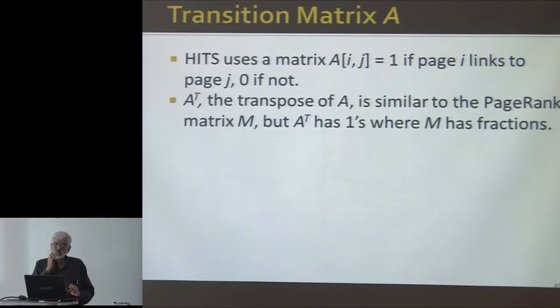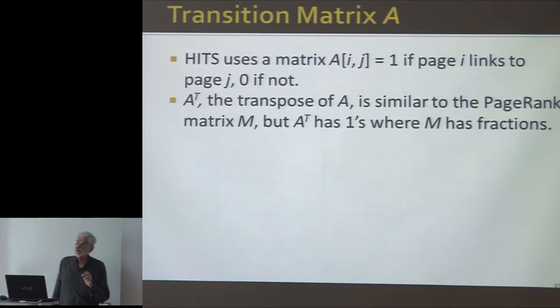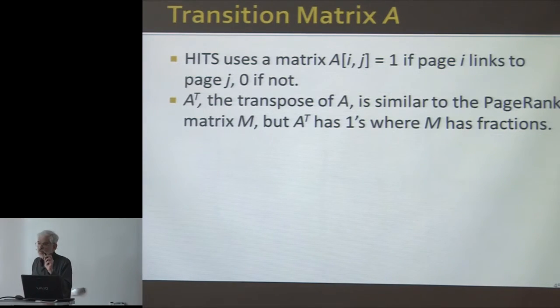Okay, so to formalize it, we're going to talk about a matrix A of ij. i is the row, j is the column. And I'm just going to put a 1 if page i links to page j, and 0 if not. Now notice, when I defined PageRank, the links were going the other way. Here the links go from row to column. In PageRank, it was defined so that the links go from column to row.